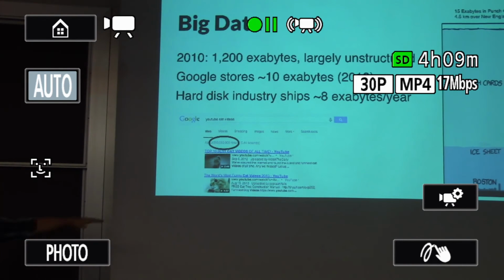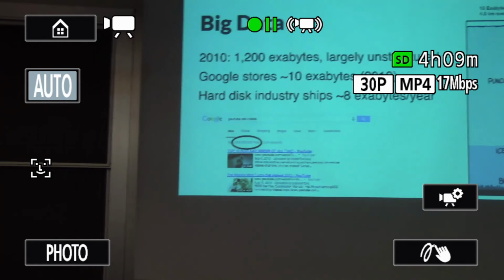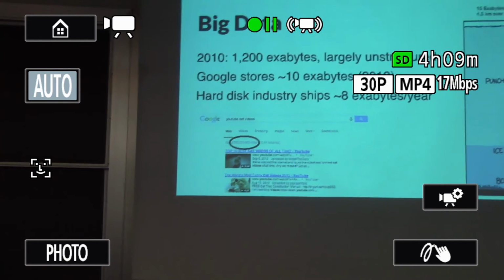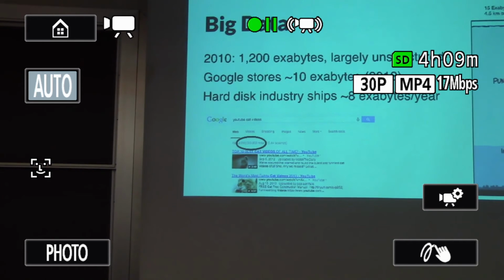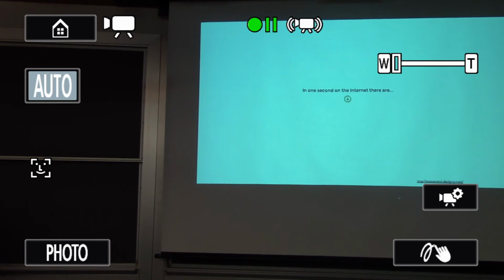So you can see here, this is the city of Boston, and then you have the ice sheet that was there in the last ice age, and the punch cards would reach even higher than the ice sheet. So just to give you a little bit of an idea of the scale of the data we're dealing with. Of course, we're not going to visualize all of this data, and much of it is unstructured, in videos and so on. But this also shows you that we have big data. So this is a nice illustration.